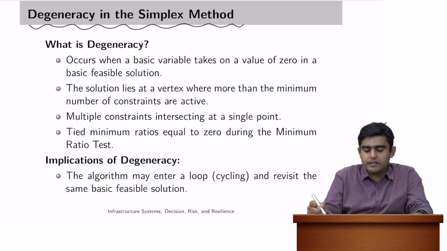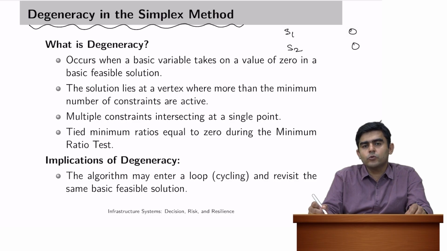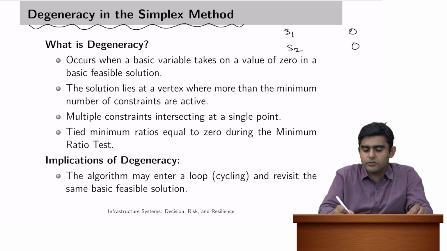What happens in degeneracy is that a basic variable takes on the value of 0 in the basic feasible solution. So, for example, the right hand side becomes 0. Now, the problem is that if you slightly increase the entering variable or non-basic variable, there is no scope for increasing its value, because your basic variable is already stuck at 0.